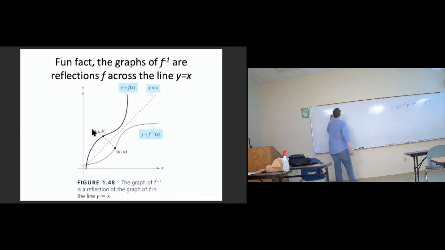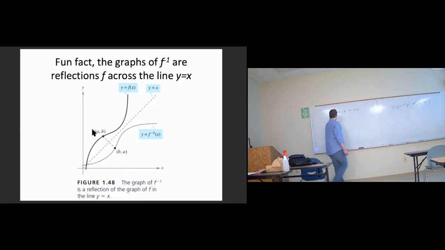Well, what's happening is that, let's say f of a is equal to b, right? Then this means we have the ordered pair (a, b). We're going to graph this. This would be the ordered pair that associates with this solution of our function, right? Make sense what I mean?